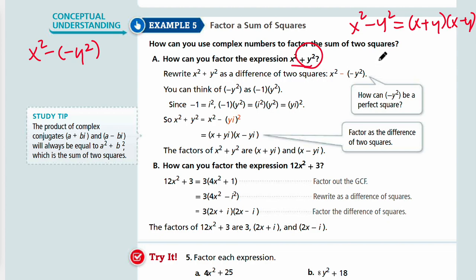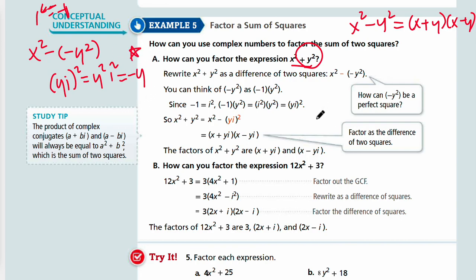But now that we know complex numbers, we'll be able to factor this out because negative y squared would be possible with imaginary numbers, right? Because i squared would be negative 1. Does that make sense? So if we have yi squared, then we have y squared and then i squared, which is going to be negative y squared. Magic.